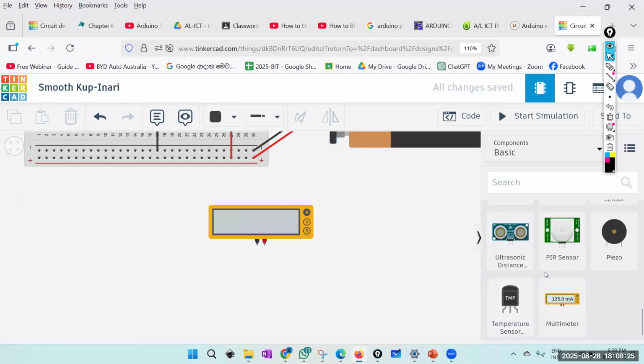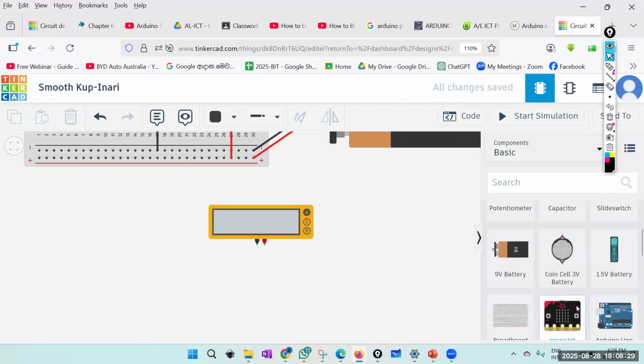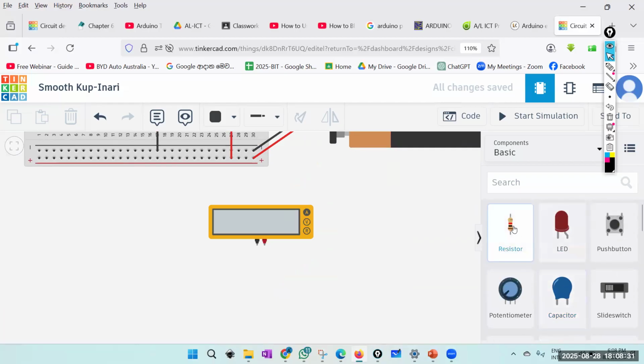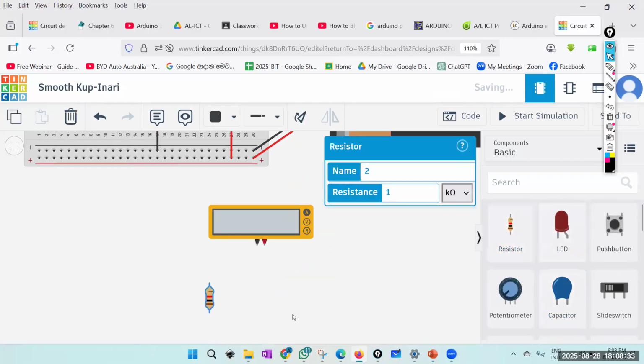So I will add a resistor now, not to the circuit. I will set the resistance to 540 ohm. Right, this is a 540 ohm resistor.